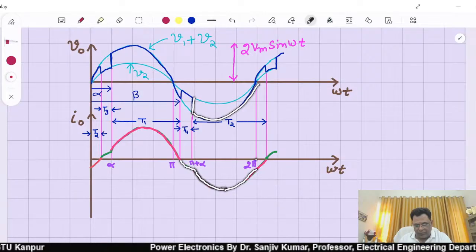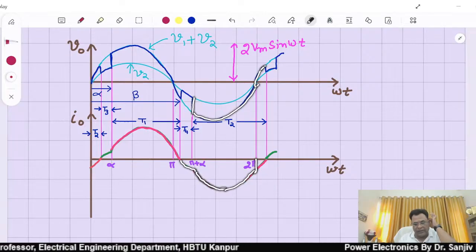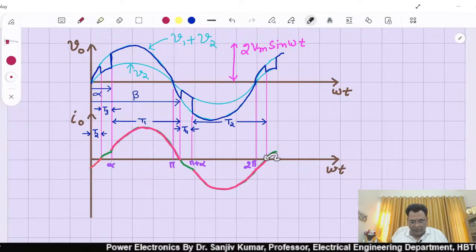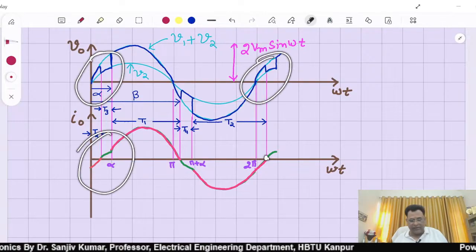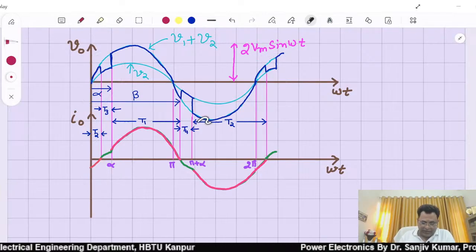And the same up to 2 pi, the current is not zero. So T2 keeps on conducting. When T2 is conducting, the V1 plus V2 voltage curve is followed, unless the current flowing through T2 becomes zero. So the same cycle is repeated here. And the device conduction I have already shown.